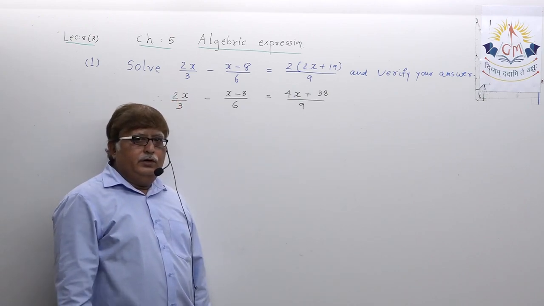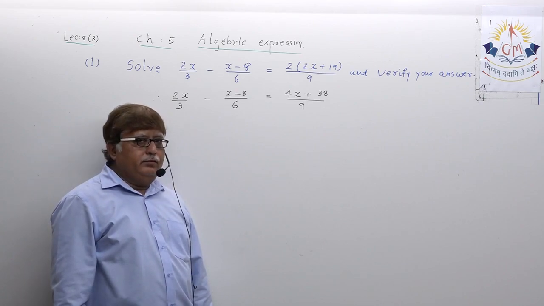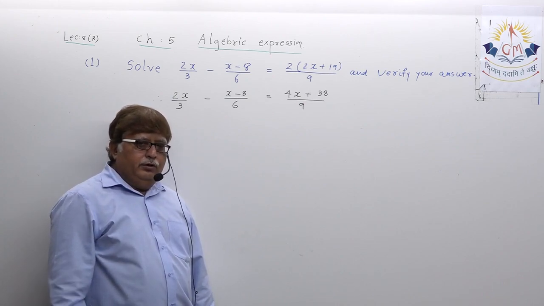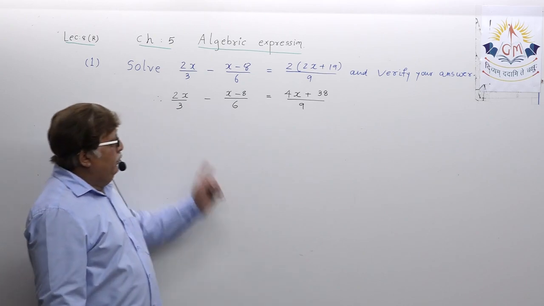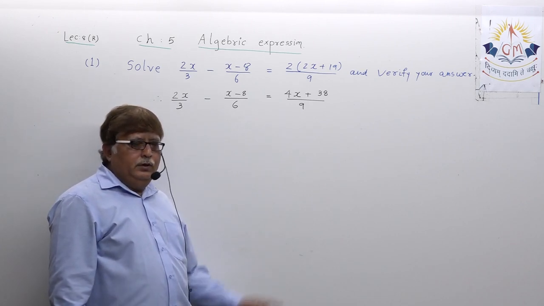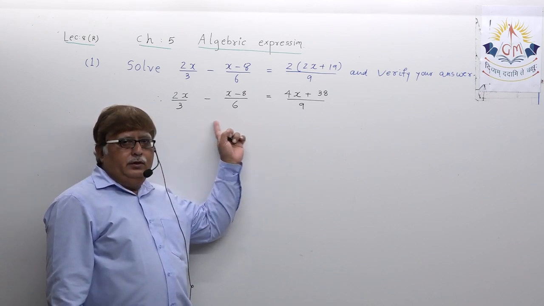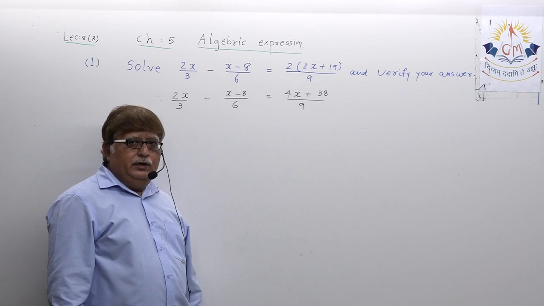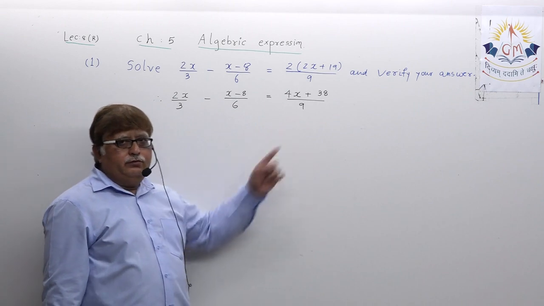Now, what we are going to do after this first step, as you all know, in some of the simpler examples, we have to take the LCM and gather a common denominator here by taking the LCM of 3, 6 and 9.